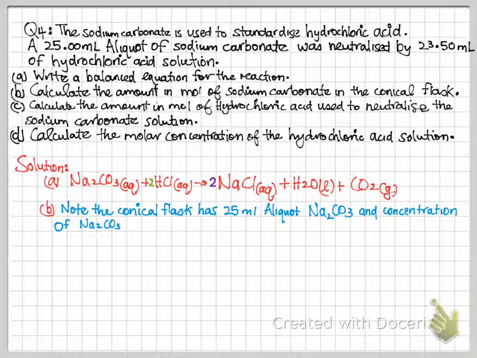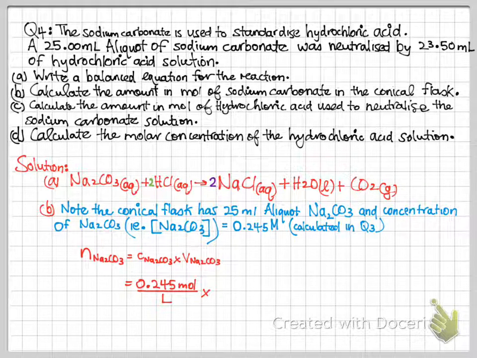Okay, now for question B, we just have to write down the information we got because that's on the other page. Now to make things easier, there's a 25 mL aliquot of sodium carbonate. You put that into the conical flask, and you have to find the concentration of sodium carbonate. Also remember that concentration of sodium carbonate is written like this, so you can't write it as Na2CO3 with that bracket there.